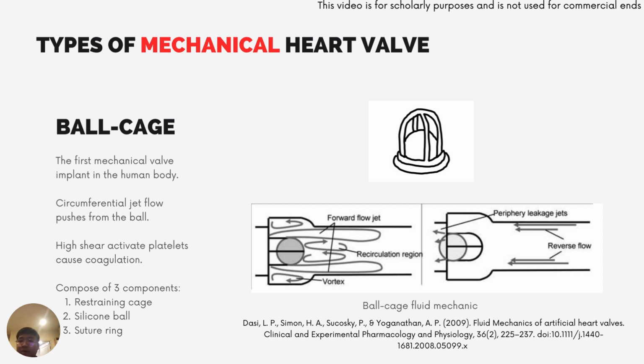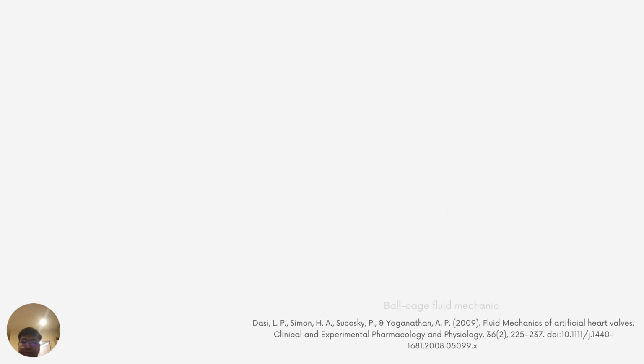This type of valve has high shear stress exiting at the edge of the forward flow jet and in the recirculation region, also with peripheral leakage that could occur during the backward flow. These activate the platelets and cause coagulation.